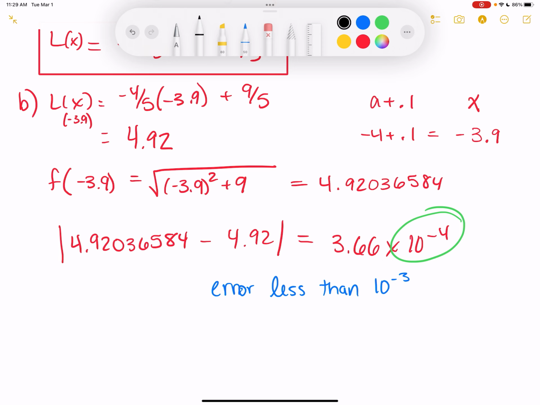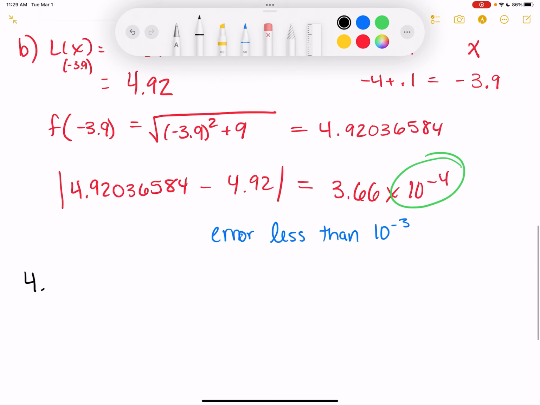Okay, so let's do another one of these ones. A little bit different. f of x is equal to ln of x plus 1. And we're going to do it for a is equal to 0.